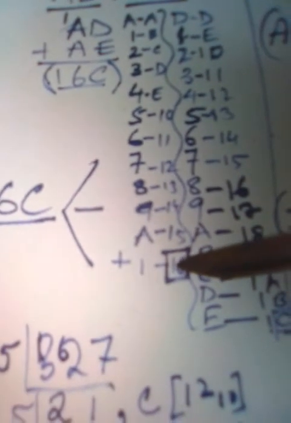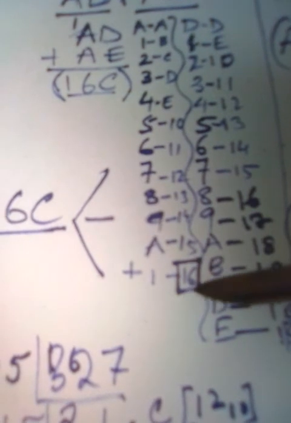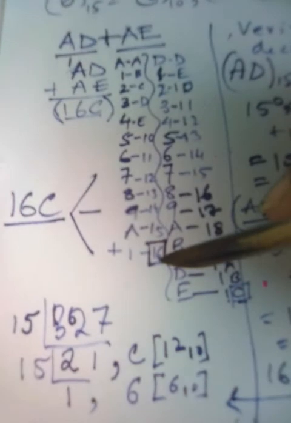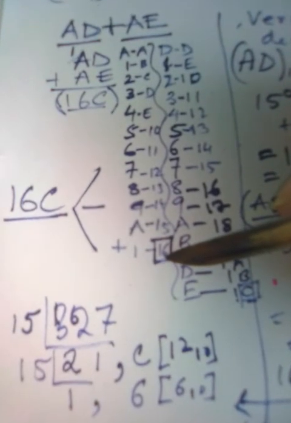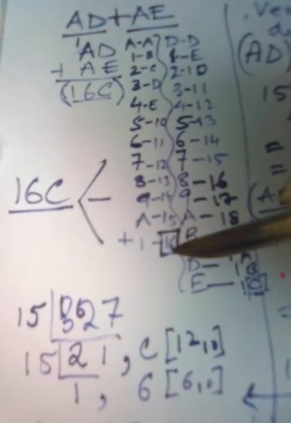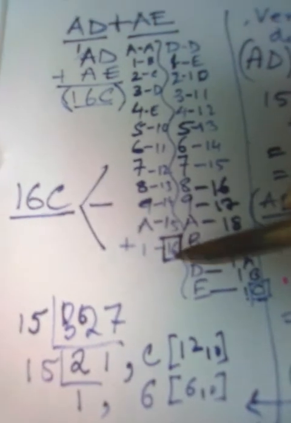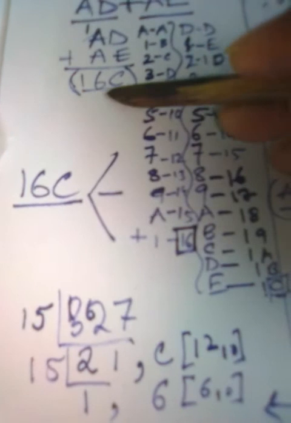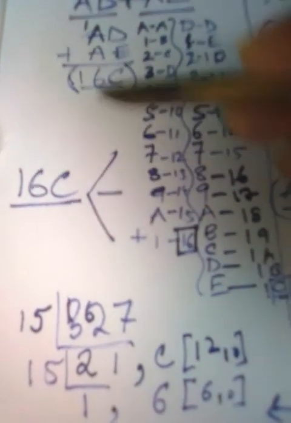Actually, A plus A becomes 1 5, and then plus 1 is 1 6. So it's 1 6 in pentadecimal or in base 15. And so together with C, it becomes 1 6C. So that's 1 6C.